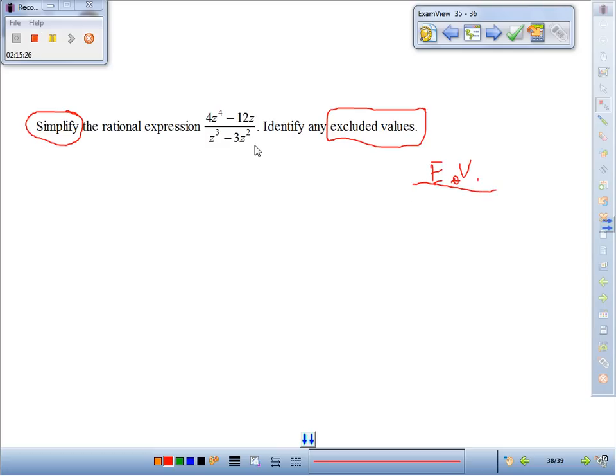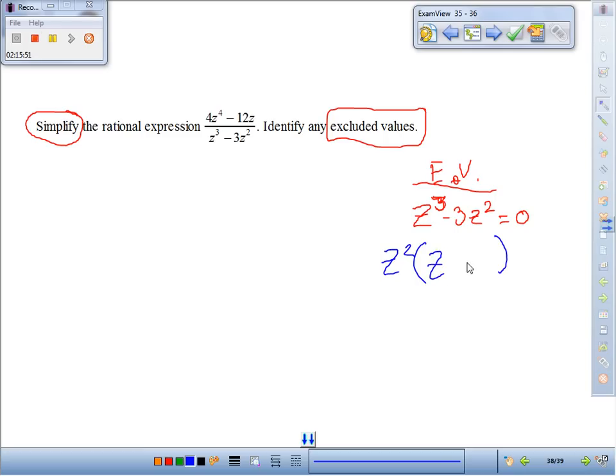Remember these? I take my denominator and I make it equal to 0. Z cubed minus 3z squared, and all that equal to 0. Do we know how to solve these kind? Yes. What's our GCF? Z to the second.